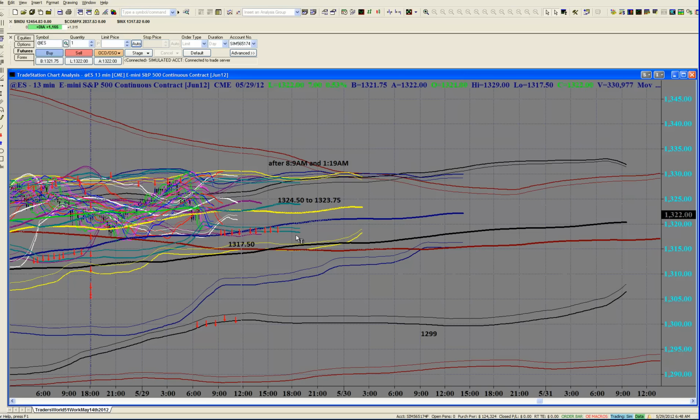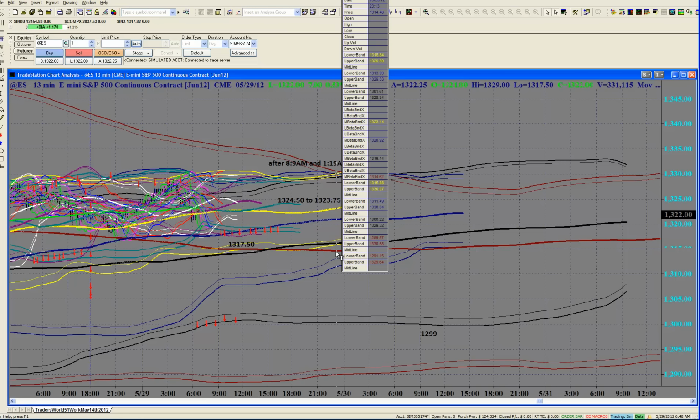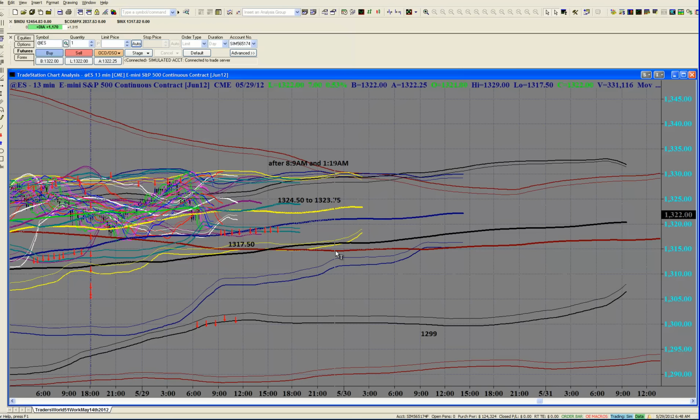the close of today, then we could get a very strong downdraft, especially once price gets underneath the 1314.50 area.